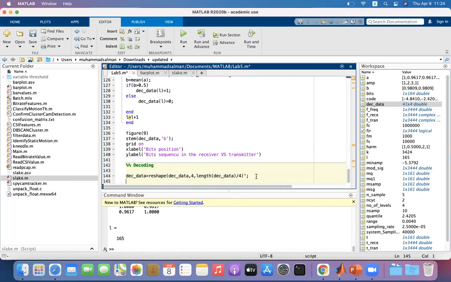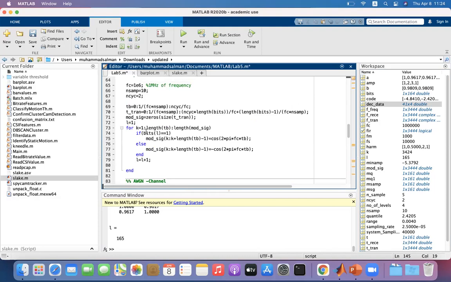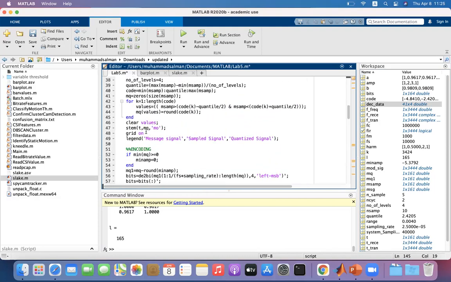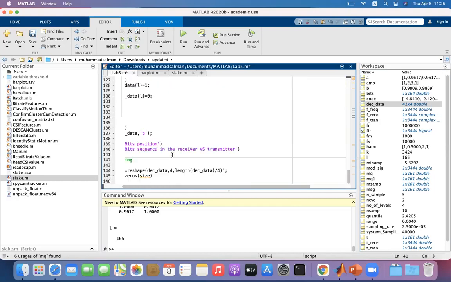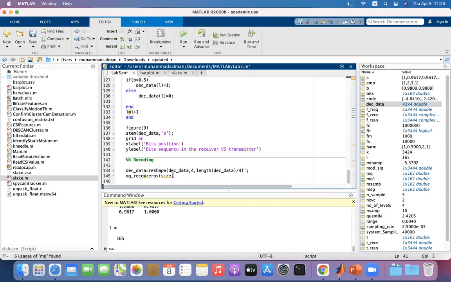To do that, let me make another variable, for example RECV, receive, equal to zeros of the size of, and I think we had declared another variable for quantization, this one. So it should be equal to MQ, receive equal to the size of MQ.